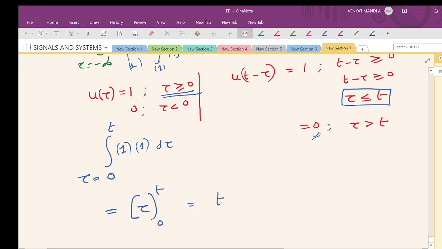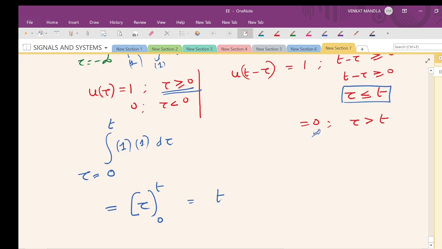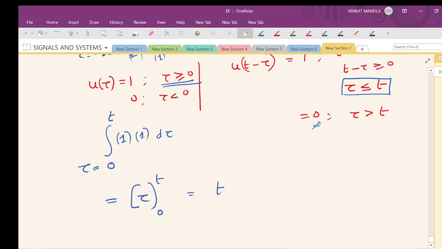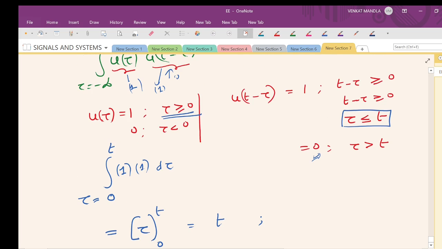So this is a function of t, but what are the limits of t? That is important. From here, t should be greater than or equal to tau. But what is tau? Tau is greater than or equal to 0, from 0 to infinity.